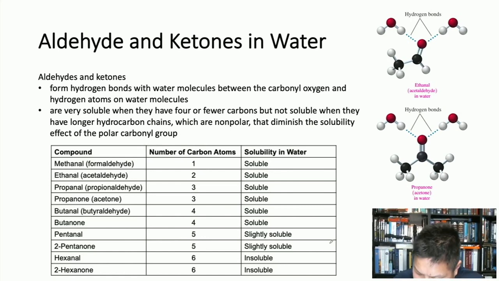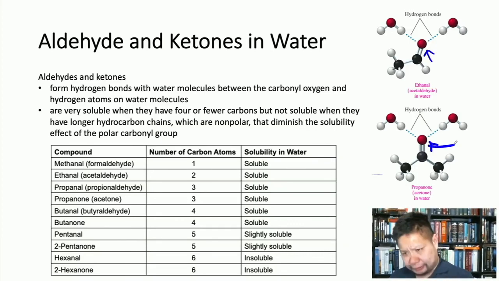So remember, to do hydrogen bonding, all you have to do is have a hydrogen and an electronegative atom. Both ketones and aldehydes have very electronegative oxygens, which makes them very susceptible to hydrogen bonding, where the partially positive hydrogen is attracted to the partially negative oxygen from the ketone or the aldehyde.